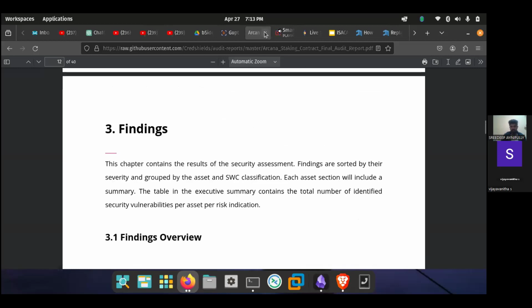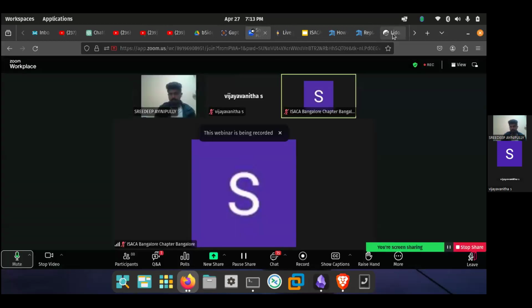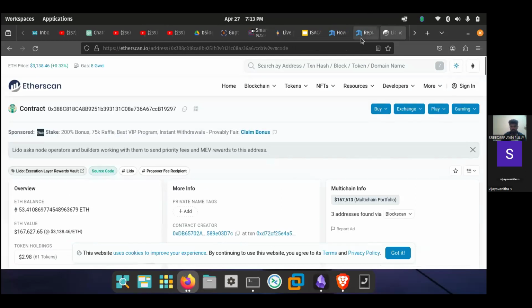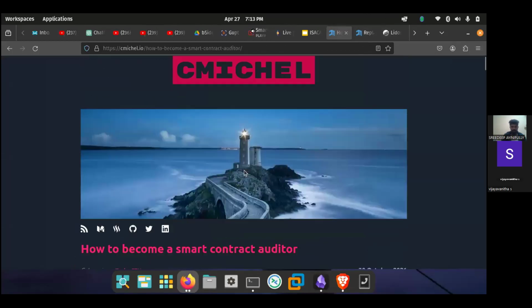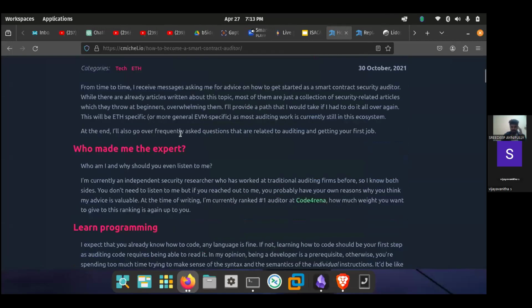To get started, you can look at some of the people who have become smart contract auditors. I have one guy whose name I don't know how to pronounce, but he is the number one auditor on Codera.